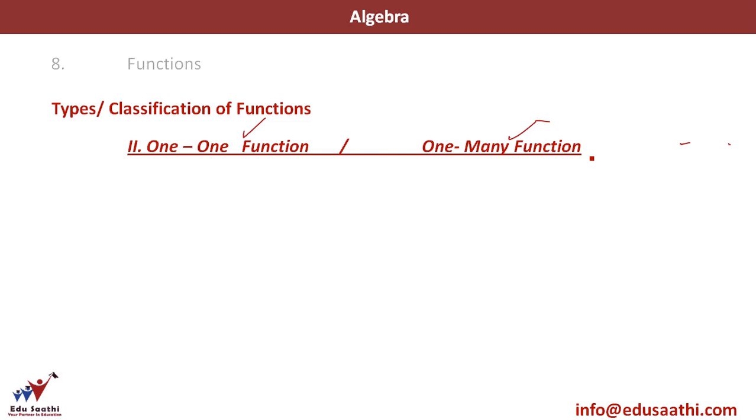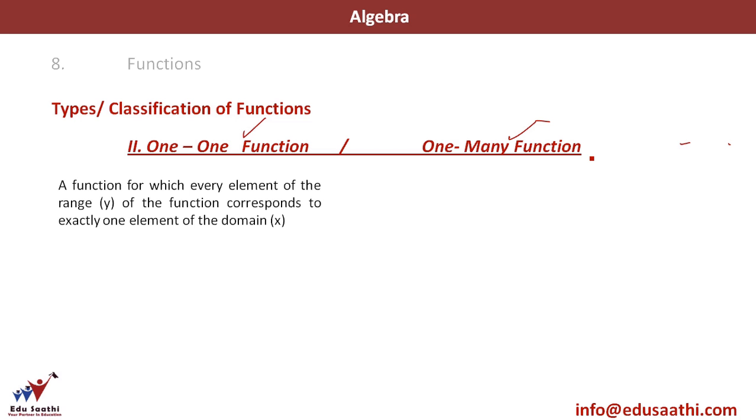So first look at a 1-1 function. A function for which every element of the range corresponds to exactly one element in the domain. That means for a single input, I have a single output.